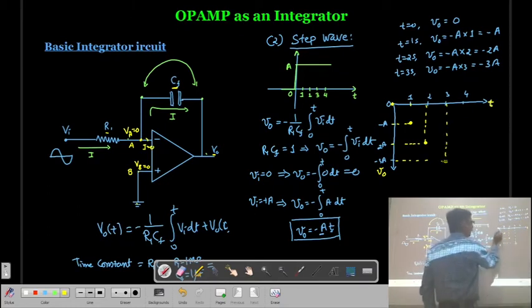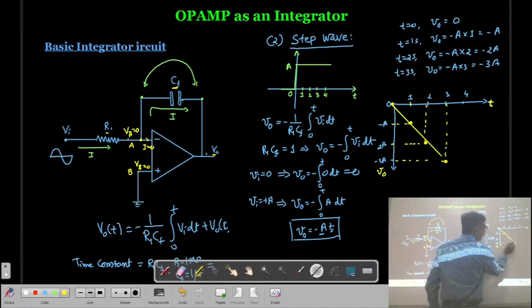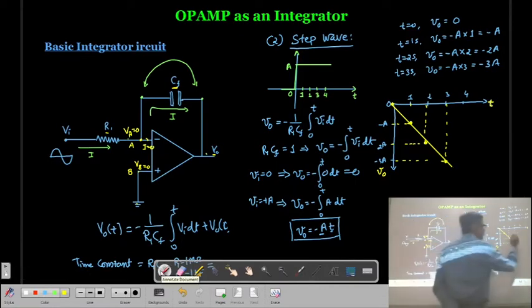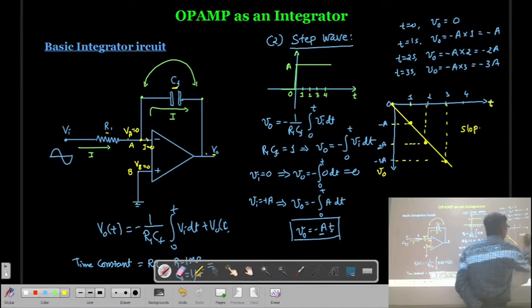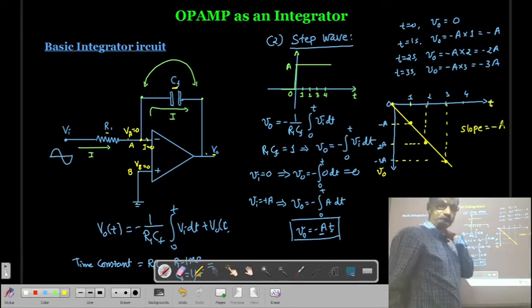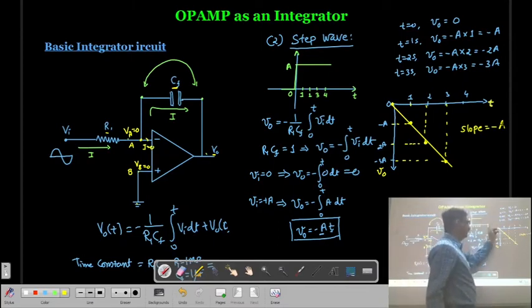So, in this way, if we join all the points, then it is a straight line. Here, what is the slope of the straight line? That is minus A. So here, what is the conclusion? That at the input, if we apply a step wave or a kind of constant voltage, then the output voltage continuously goes on decreasing.